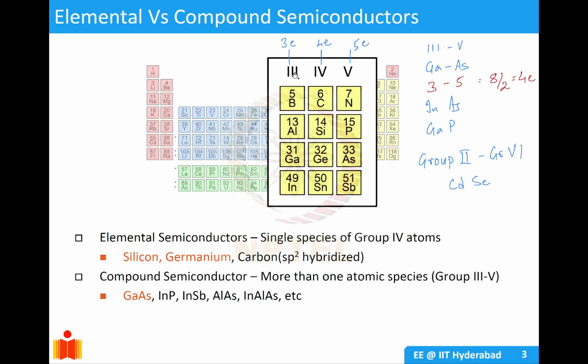Generally, the materials from groups 3, 4, and 5 show semiconducting nature.